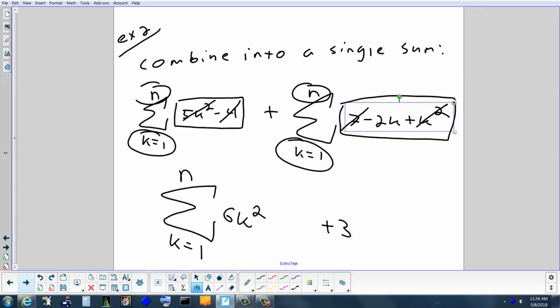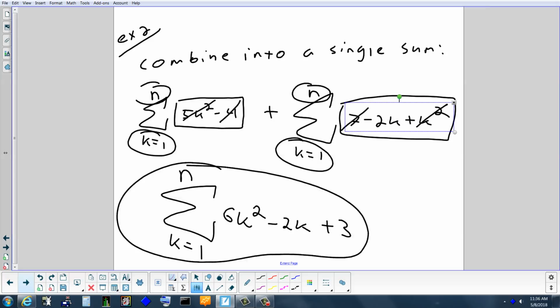And what's the only thing left? I didn't have anything to combine it with. So you still have to put that down right here. So I think the rules themselves look a little confusing, but when you actually go and do it, it's just combining like terms. And that's it. Any questions on that?